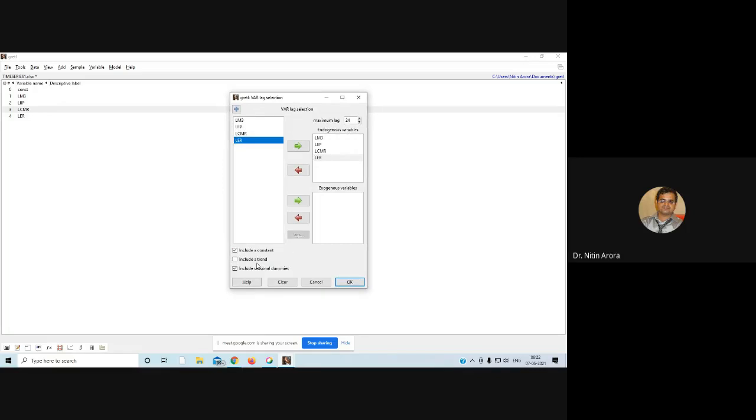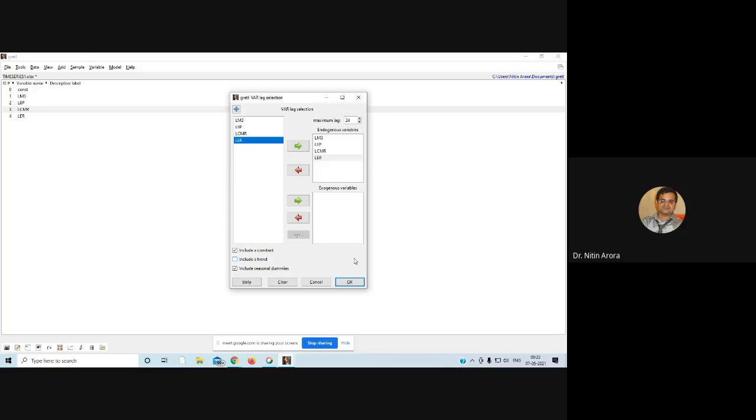Include a constant; you can include seasonal dummies, you can include trend in the VAR. That is up to you, depending on what type of model you want to estimate. Right now I am including the constant as well as seasonal dummies. Click OK. Maximum lag length is 24, meaning for 24 lag lengths it will compute the different AIC, BIC and HQC.